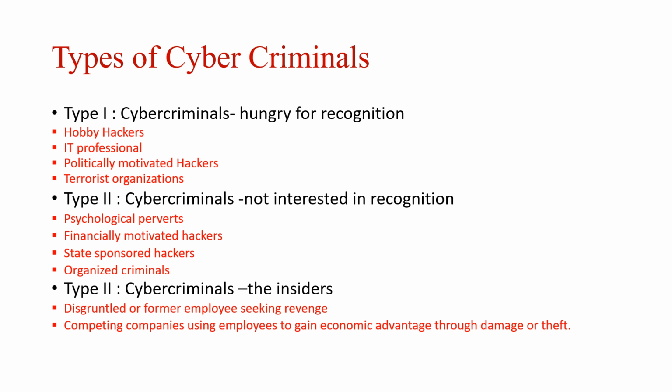Or sometimes the insider employee is not getting good economic returns from the organization, so some other company hires them, and indirectly they leak the data or take advantage by damaging the network, the system, or the organization, or by leaking the information. So there are basically three types of cyber criminals.